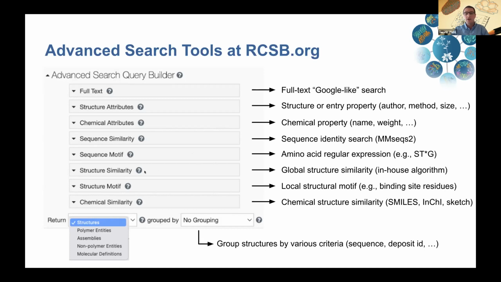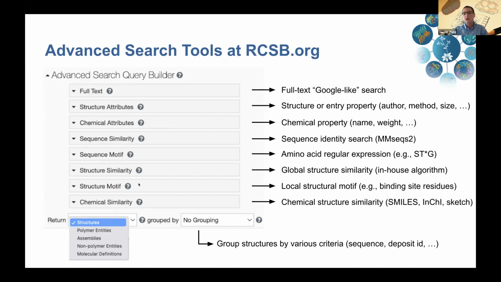The structure similarity search, as the name implies, lets you look for structures that have a certain global structure similarity to the structure that you're querying. So you'd provide an input entry ID and chain ID to look for proteins that have protein chains with a similar global structure. You can also do this at a local level using the structure motif search.